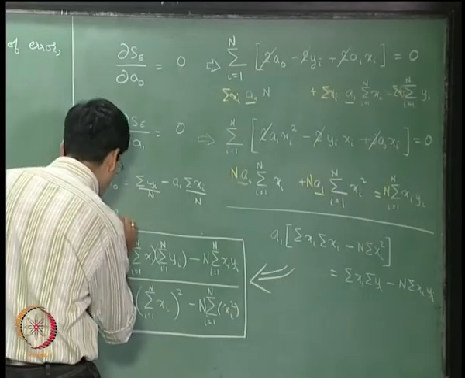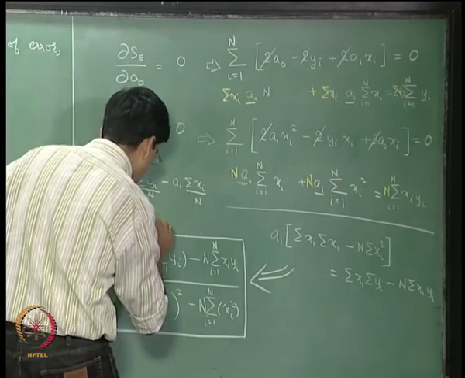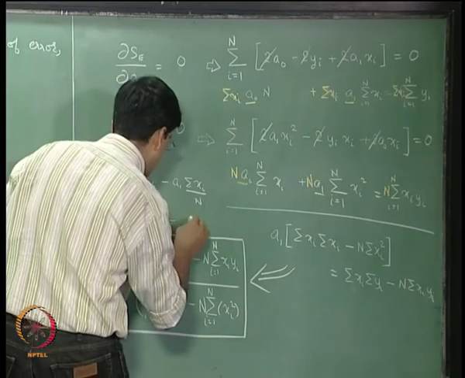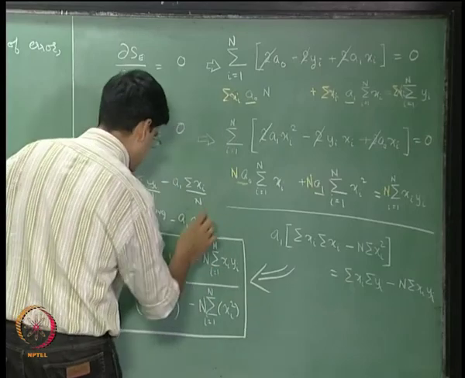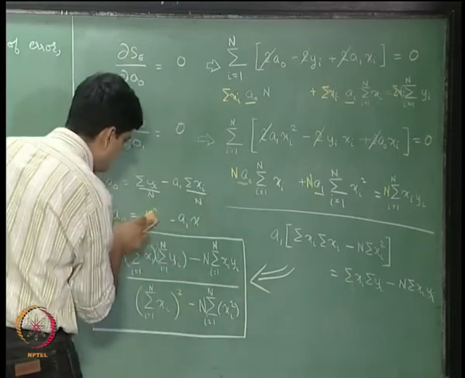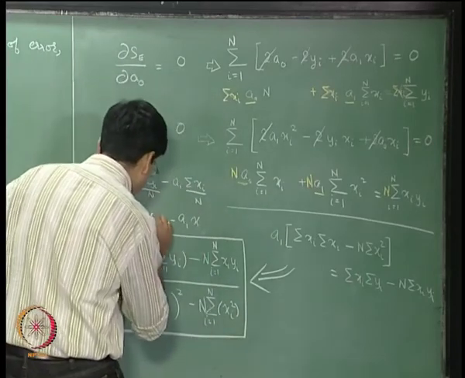So, A0 is going to be equal to, sorry, not yi avg, y avg minus A1 times x avg.